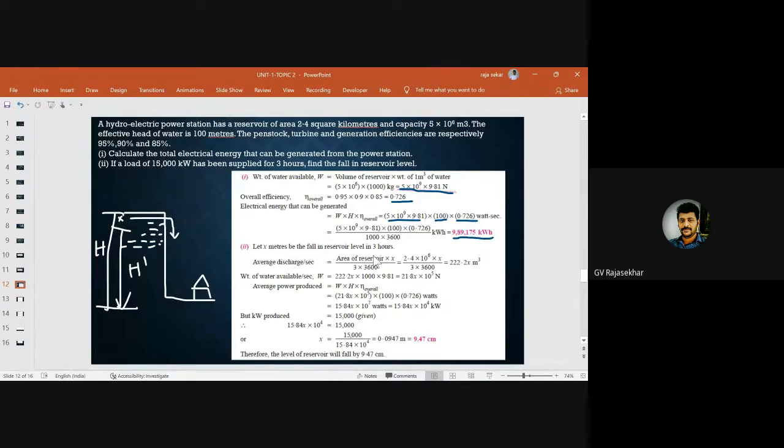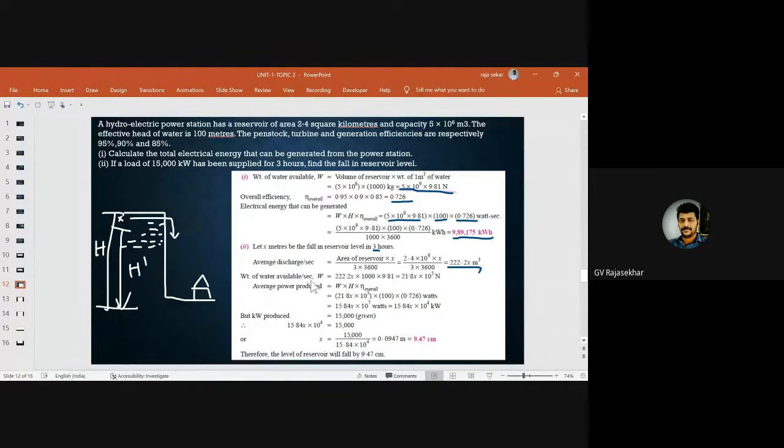Because it is 3 hours, we are converting to per second. The area of the reservoir is given as 2.4 square kilometers, so 2.4 into 10 to the power 6 into X divided by 3 into 3600, that is equal to 222.2 X meter cube. So this is the average discharge.